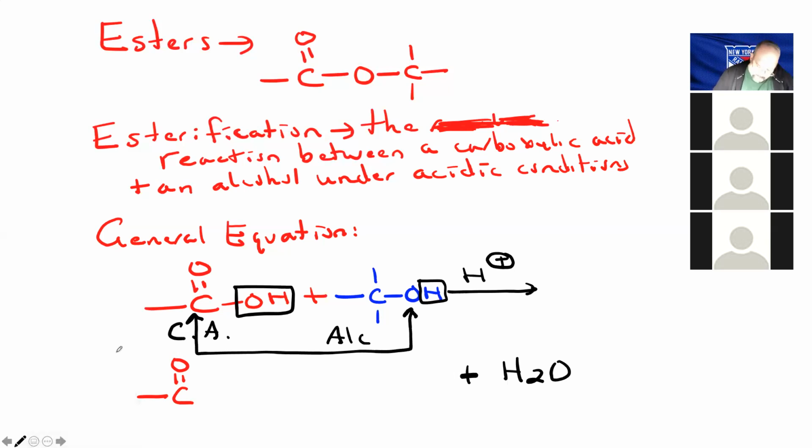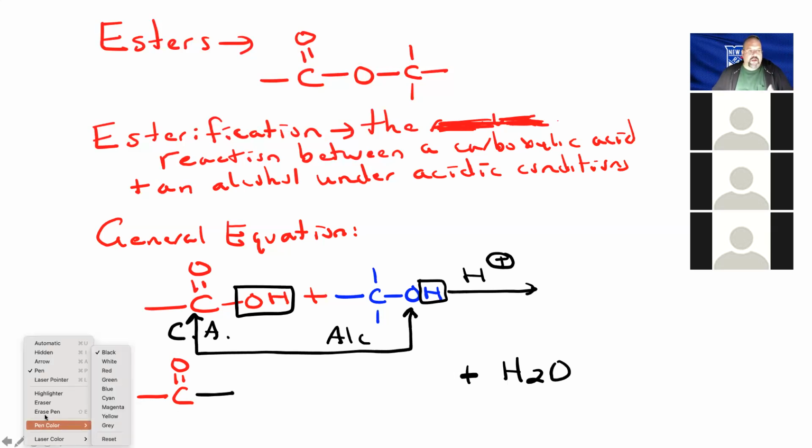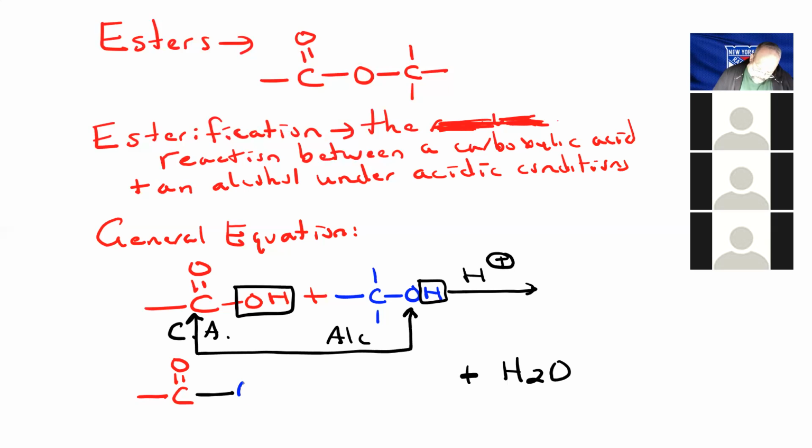And it's at that point where you're going to have your transition from the carboxylic acid to the alcohol, as the C double bond O carbon is going to connect to the alcohol oxygen. So that's this connectivity right here, C double bond O carbon to alcohol oxygen. But what does the alcohol oxygen still have attached to it? The alcohol oxygen still has a carbon group attached to it.